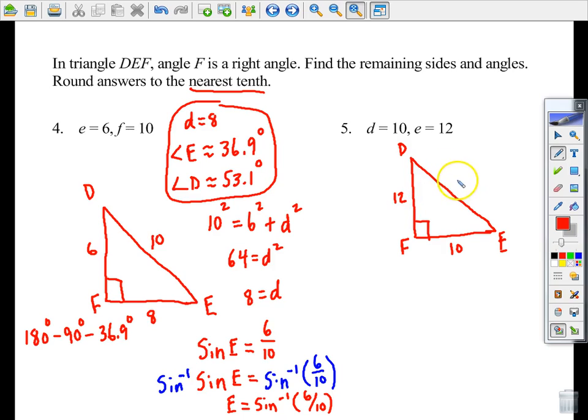This time I'm looking for F, which is really the hypotenuse. Since it's called F, I'm going to say F squared is equal to 12 squared plus 10 squared. 12 squared plus 10 squared is 244.